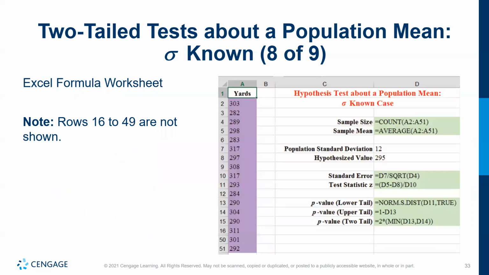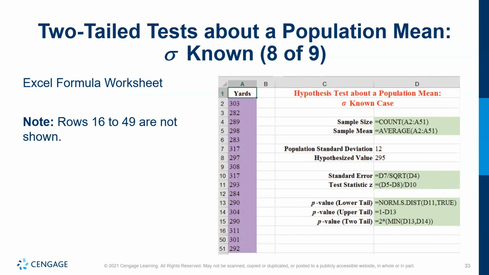All right. Here are the Excel functions that we will use, although I often don't use count for sample size unless it's a really huge sample. I just look at it and say, yeah, it's 50. Sample mean is average. We know that.